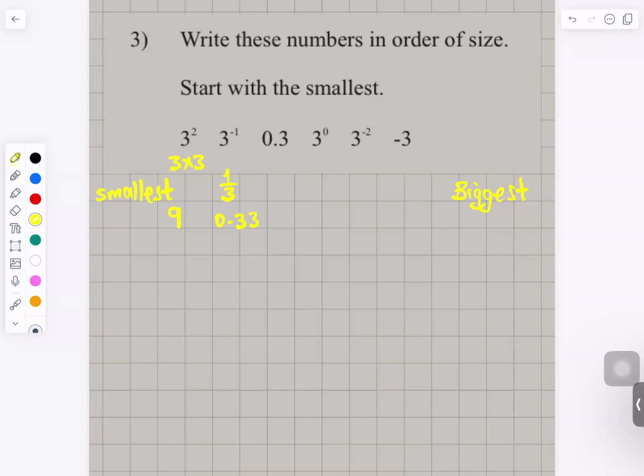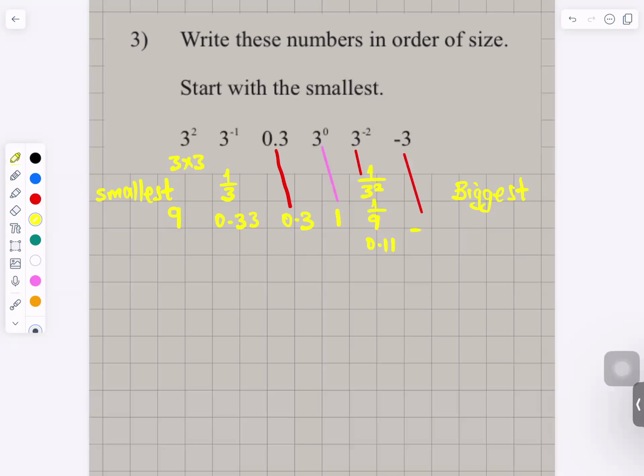And this one is just 0.3. 3 to the 0 is just 1. 3 to the minus 2 is 1 over 3 squared, which is 1 over 9. And 1 divided by 9 is 0.11 recurring. And then minus 3 for the last one.